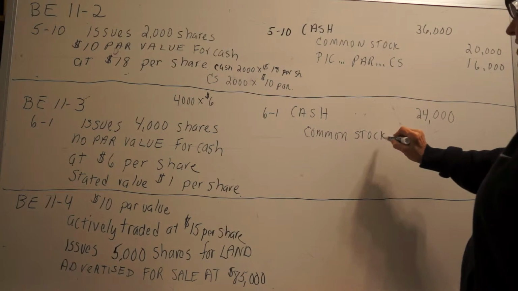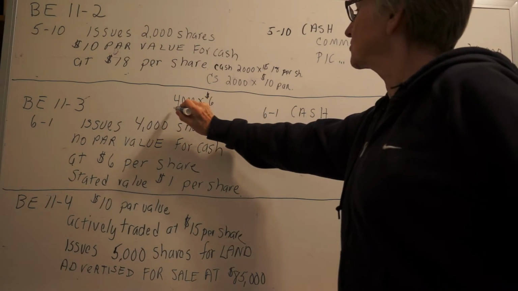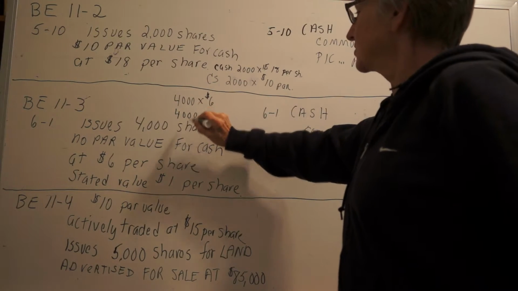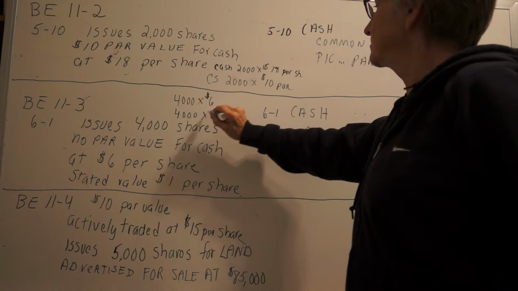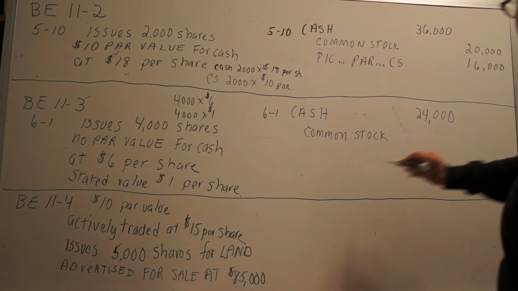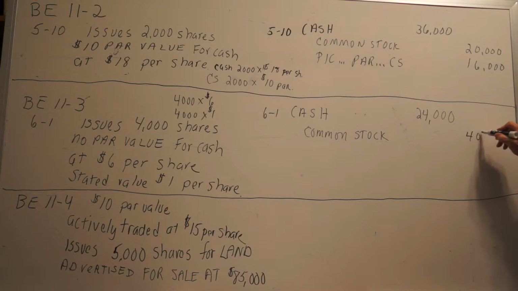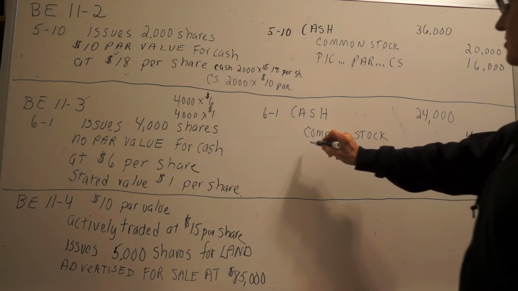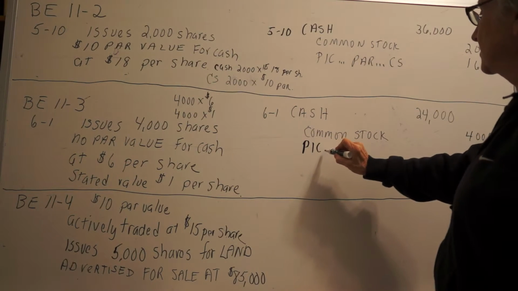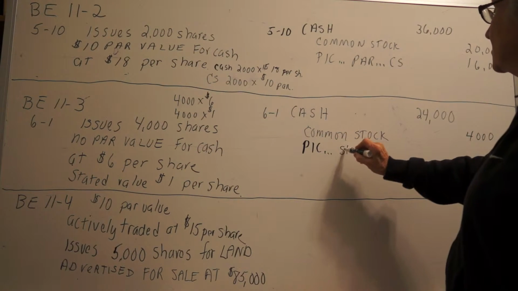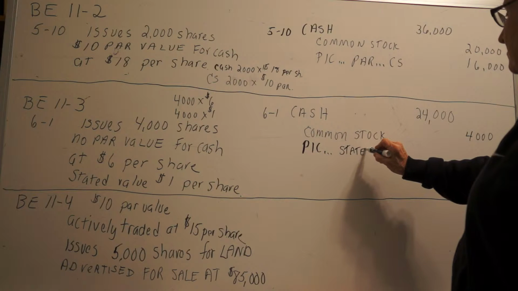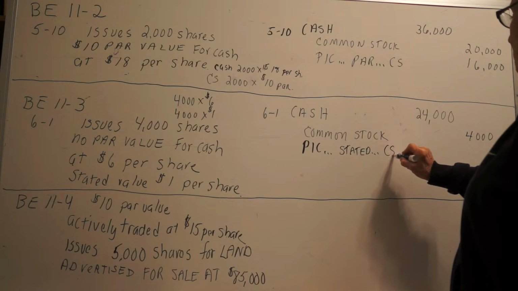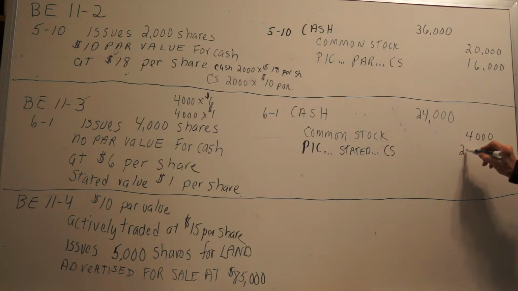So the stated value, it's going to be the number of shares, which is 4,000. The stated value is just $1. Oh, we can figure that out. So 4,000 goes to common stock, and then the rest is going to be paid in capital in excess of stated value on your common stock. Okay, so that would be 20,000.